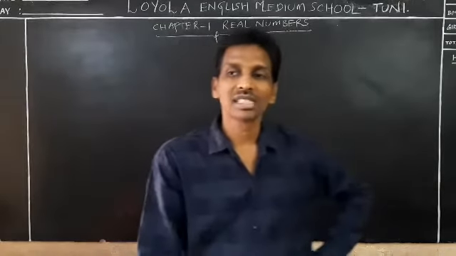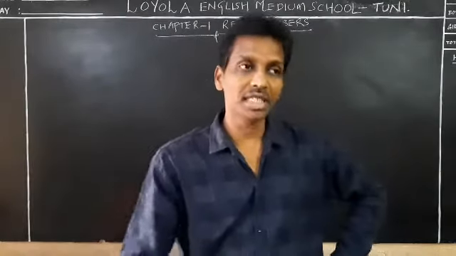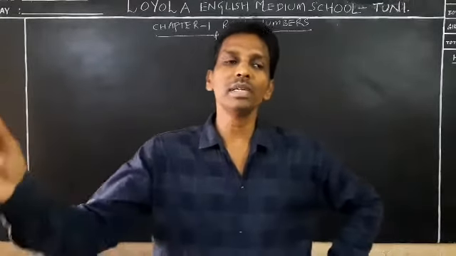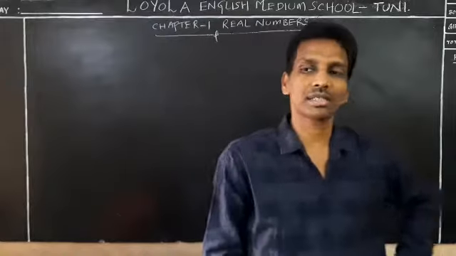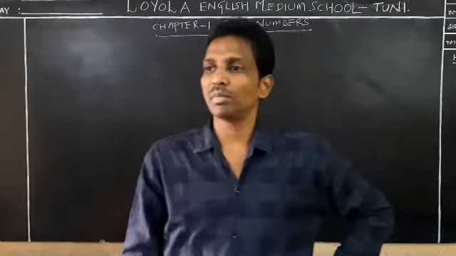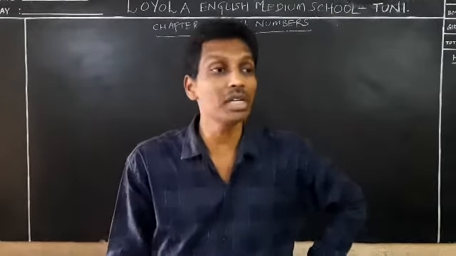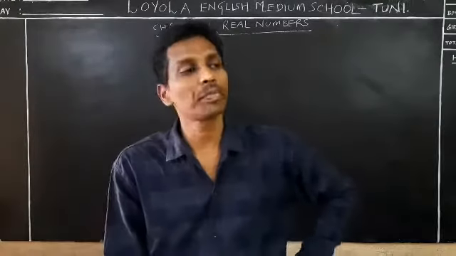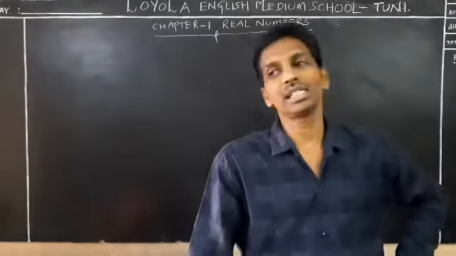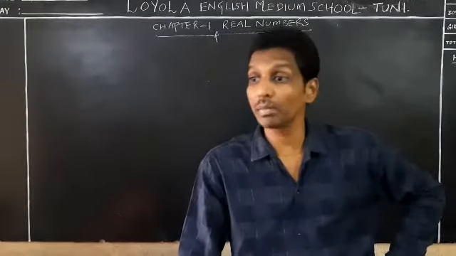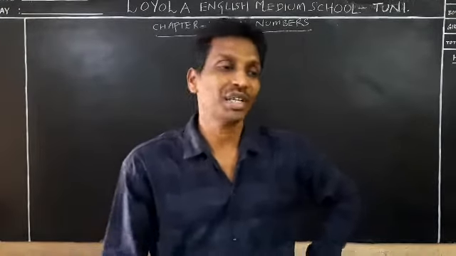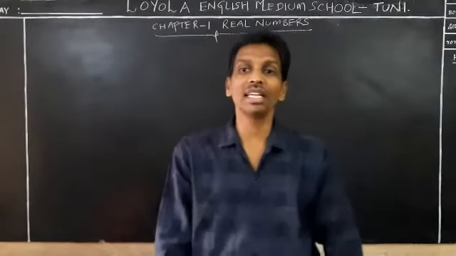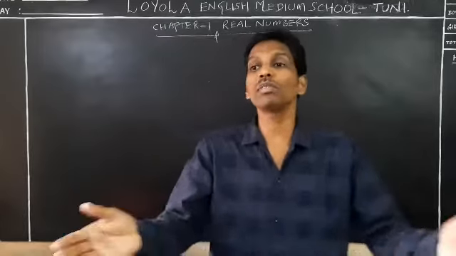The numbers which are neither terminating nor non-terminating are known as irrational numbers. Or else the numbers which cannot be written in the form of P by Q are also known as irrational numbers, which are represented by the letter Q dash or S.